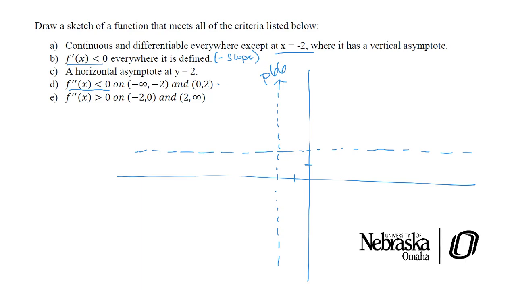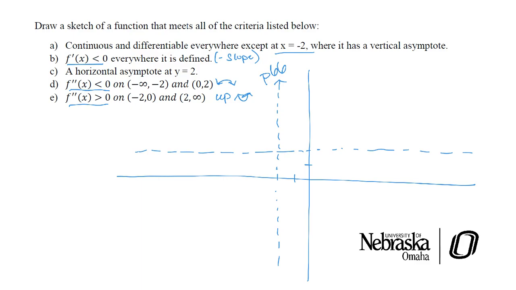So that means it's concave down from negative infinity to negative 2 and from 0 to 2. And then it says our second derivative is greater than 0, so that's concave up from negative 2 to 0 and from 2 to infinity.